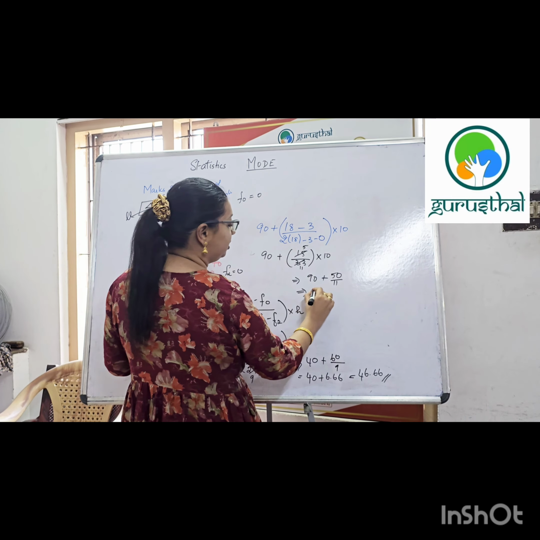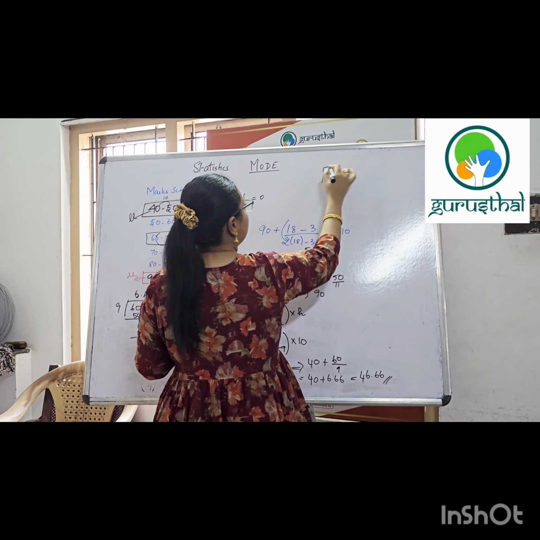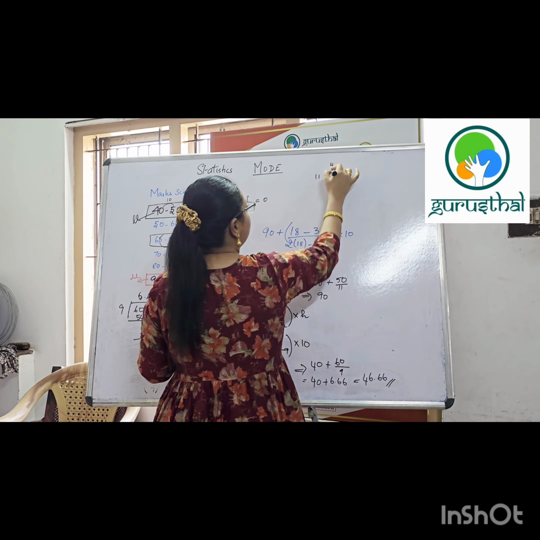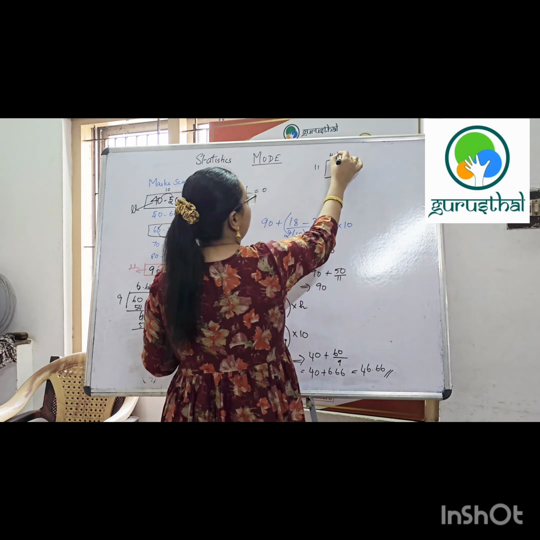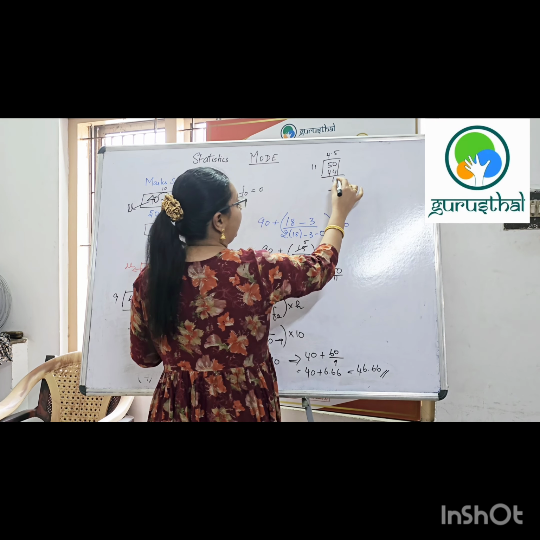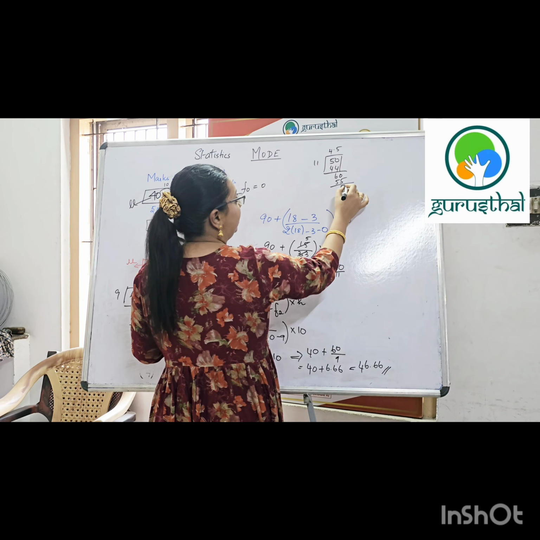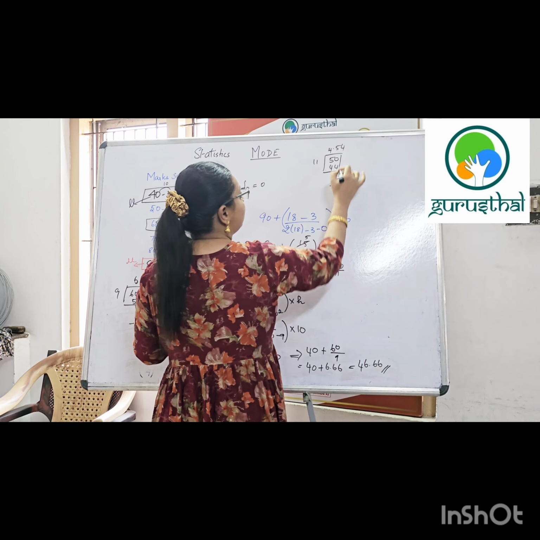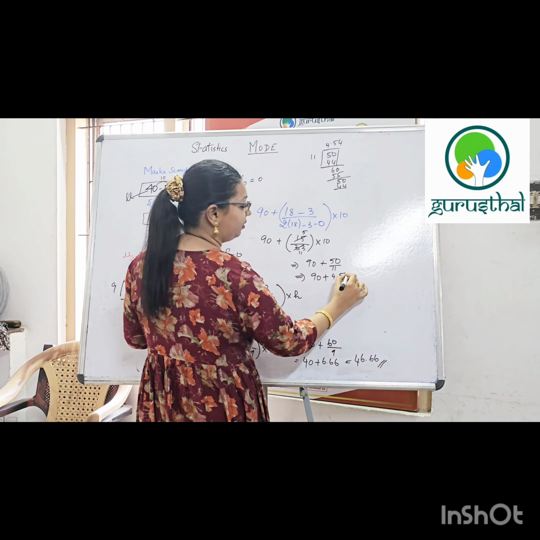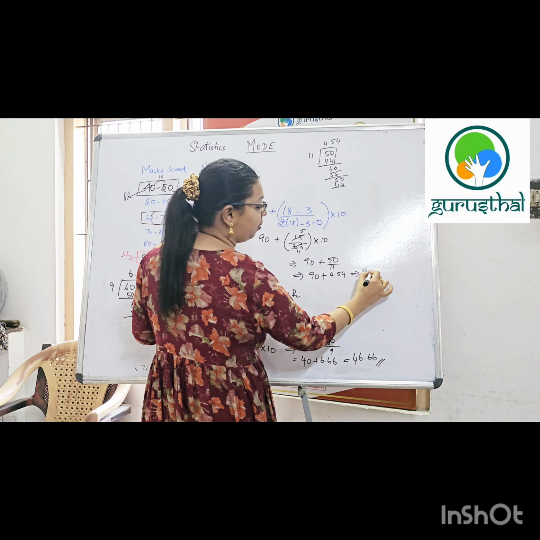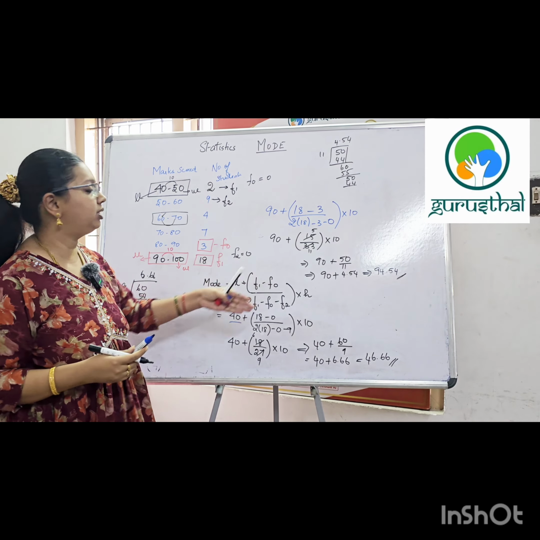When I divide 50 by 11, 11 4s are 44, the remainder is 6, put a decimal point, take a 0, 11 5s are 55, and then again the remainder becomes 5, and then take a 0, again 11 4s are 44, it keeps going. That means 90 plus 4.54 gives me 94.54.